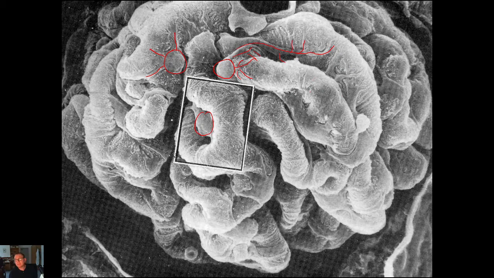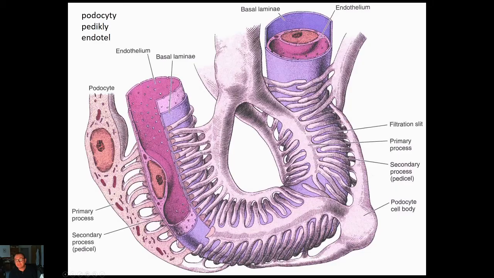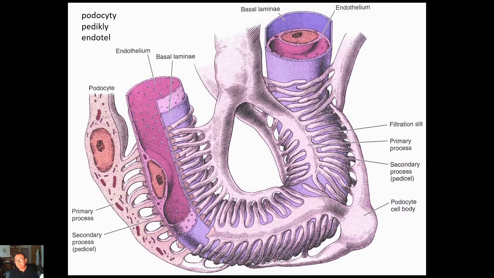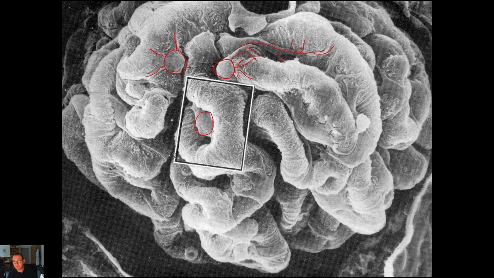The magnification of this picture is small only, but here is a square containing one podocyte and one loop of a capillary. I think I can use this schema. So if you look at it once more, here is a body and some primary processes.